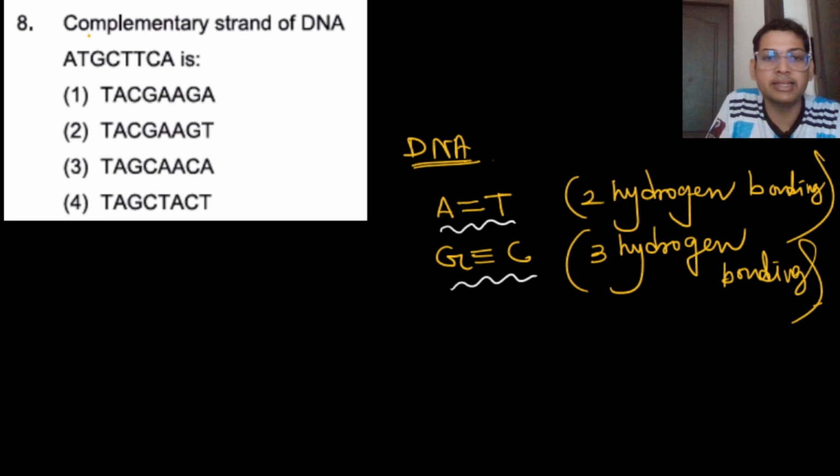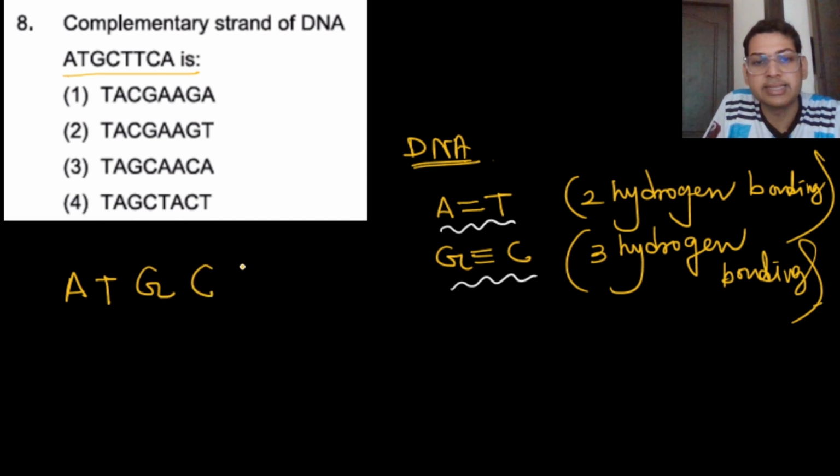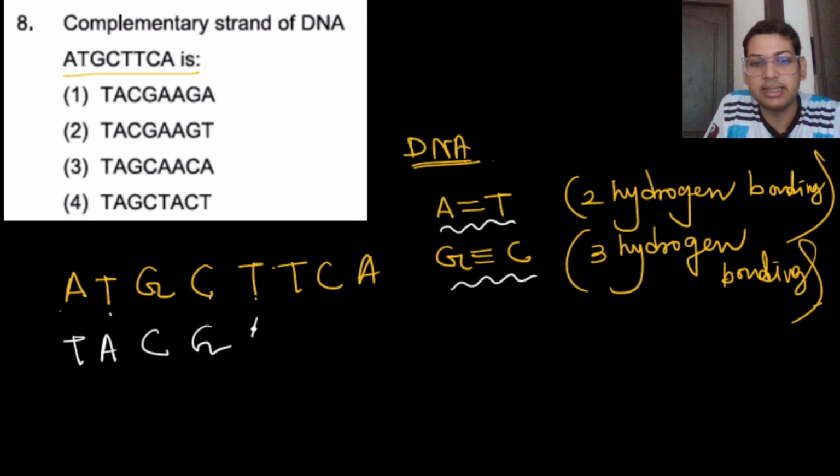Okay, sir. Then this is given to me, right? A, T, G, C, T, T, C, A. Complementary I have to write. So A complementary is T, T is A, G is C, C is G, and so on.